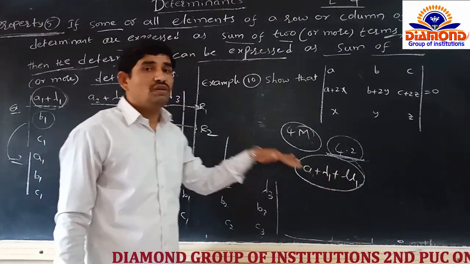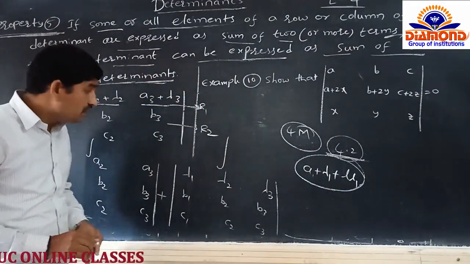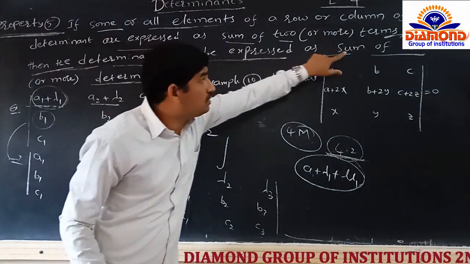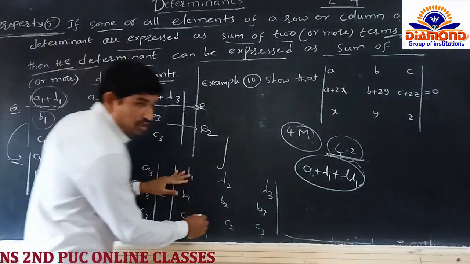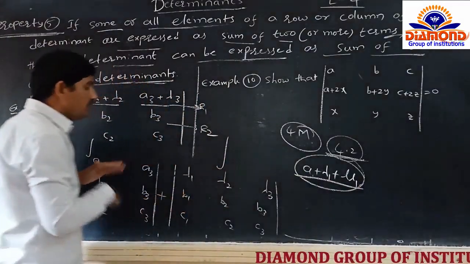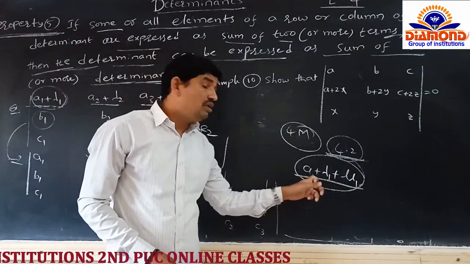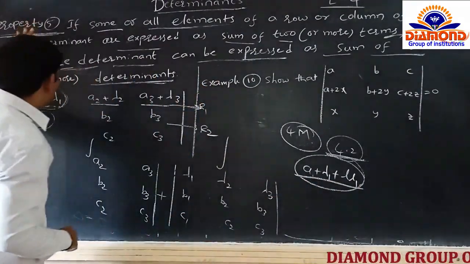So suppose R1 has the sum of three terms, what will we do? In that case we write the determinant can be expressed as the sum of three determinants. Actually, since there are three terms, the determinant can be expressed as the sum of three determinants. Remember that. This is the concept about property number 5.